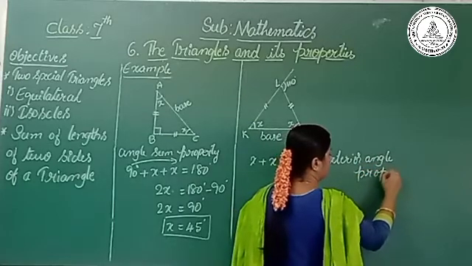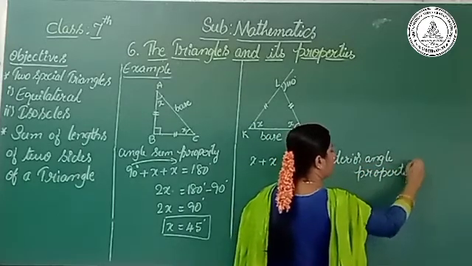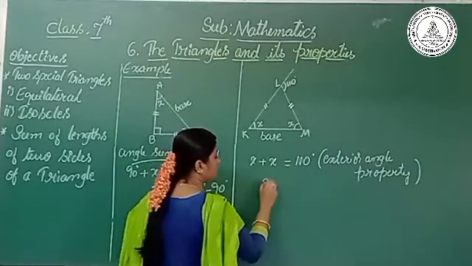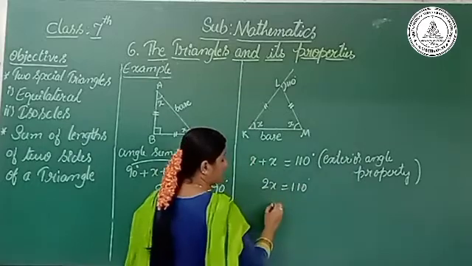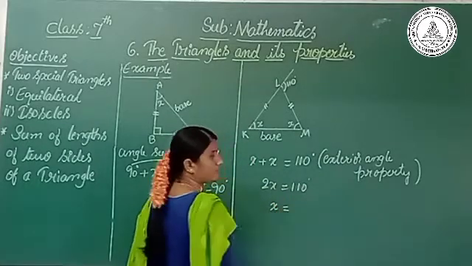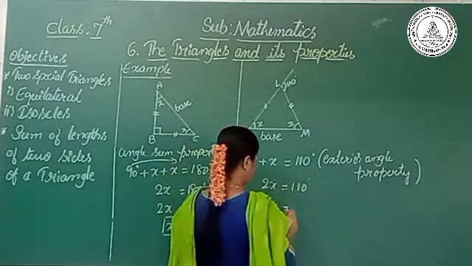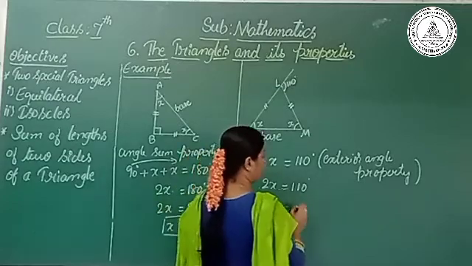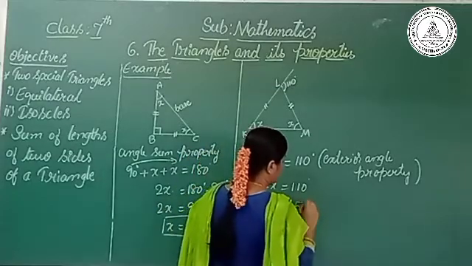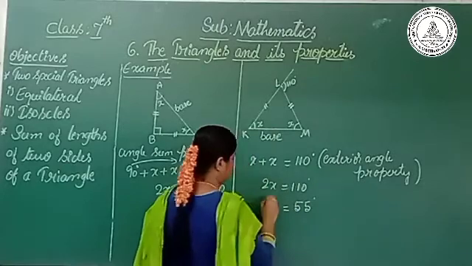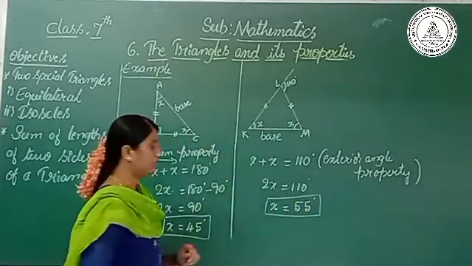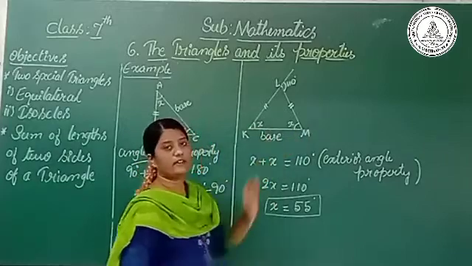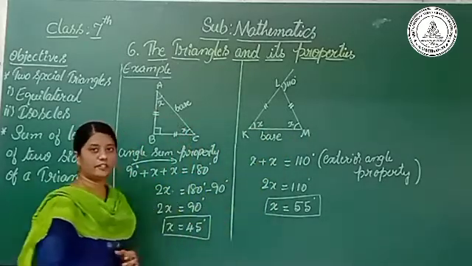Then we will get the value of x. So x plus x is 2x, which is equal to 110. Then if you divide by 2 on both sides, we get 2x by 2 and 110 by 2, which is equal to 55 degrees. So it is the value of x in the given figure.